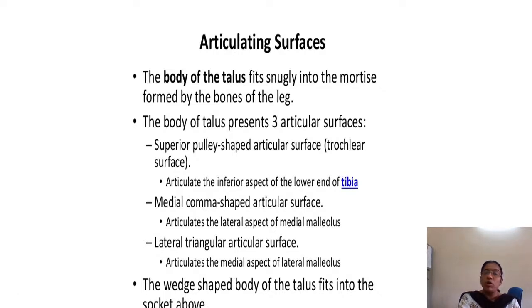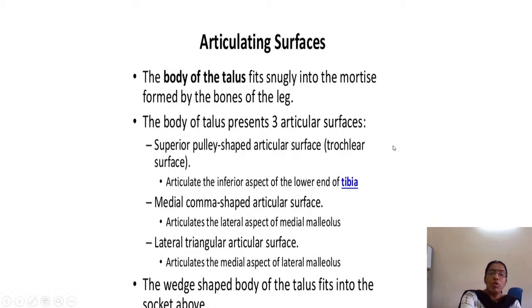When you see the body of the talus, it will fit snugly into the mortise. The mortise, as we have discussed, is formed by the medial malleolus, the inferior aspect of the tibia, and the lateral malleolus. So the superior aspect of the talus, which forms a trochlea, will snugly fit into the mortise formed by the bones.